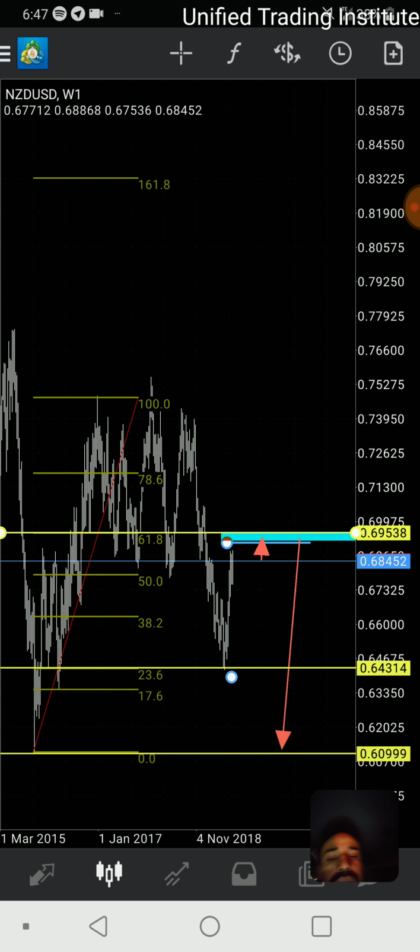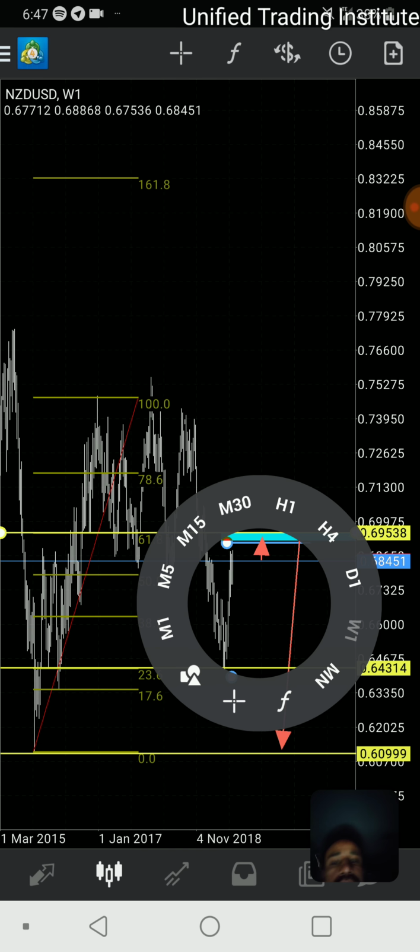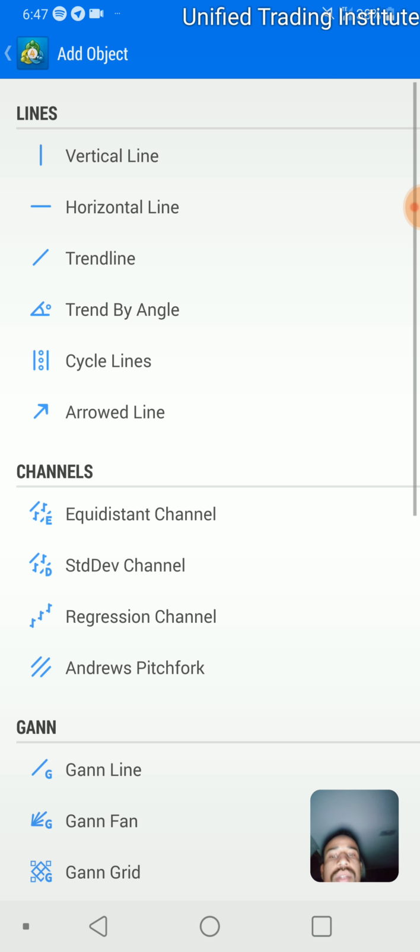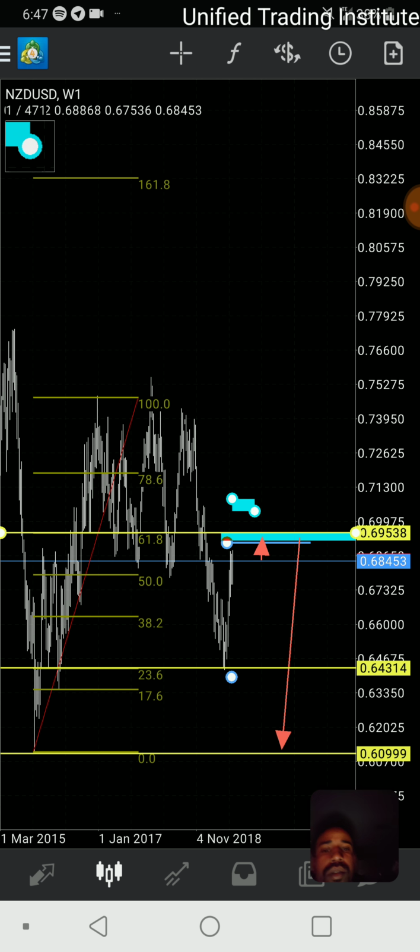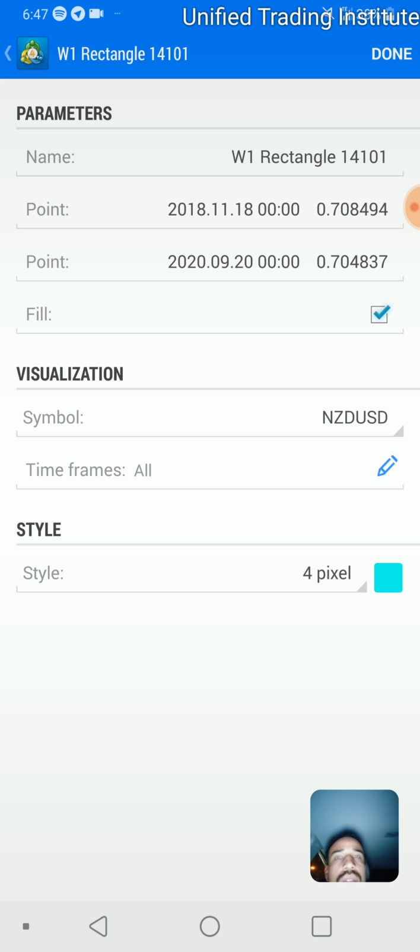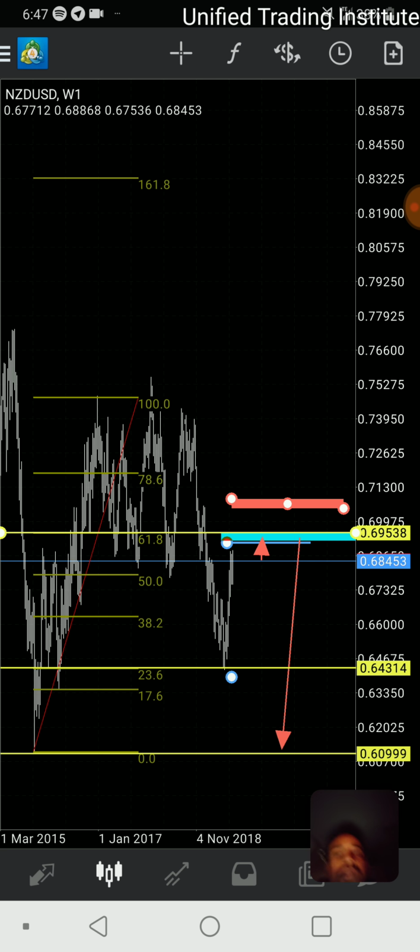So let's draw a red square at that level. So you can see red, and then my green. Alright, let's do this. Let's bring this down a little bit more. So right about there.